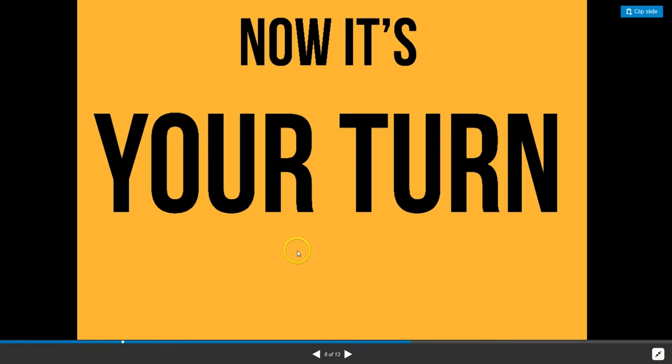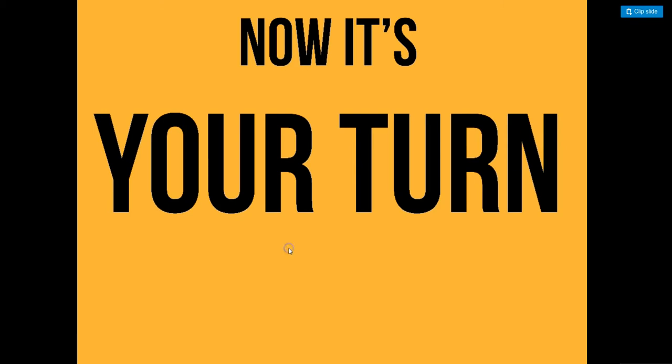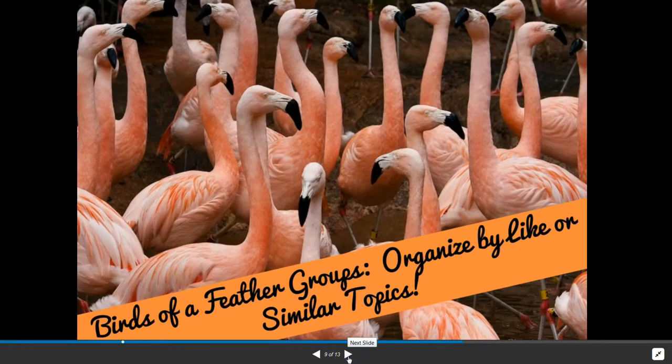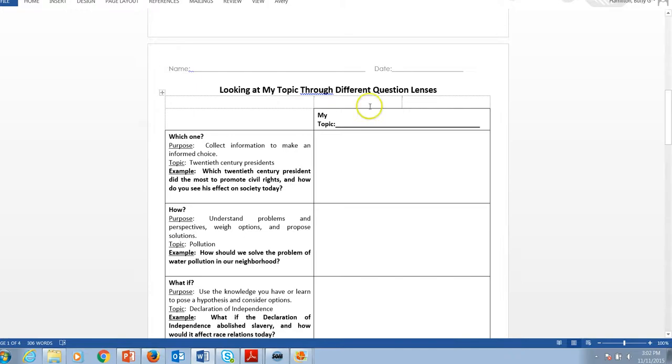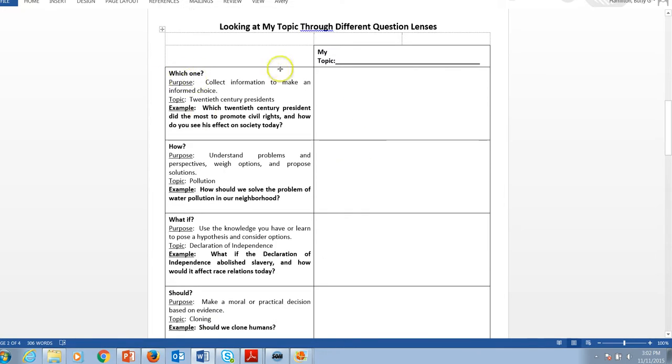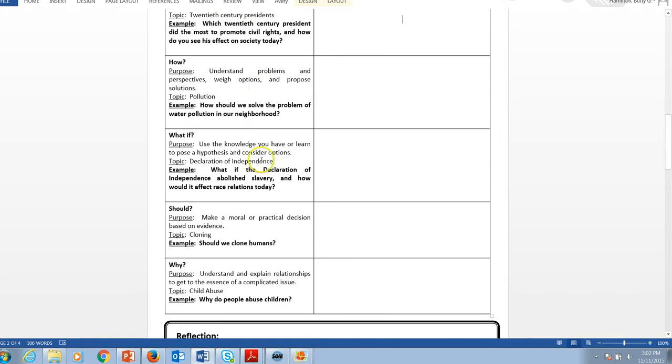So if you want to try this, we have a template where you can take your topic and write a question using each of these lenses to examine your topic. You might want to do that again with your partner, or you could do that individually. If you want to try the question lens activity, then we have these handouts, and you would put your topic in this space and see, can you write or frame your research topic using each of these question lenses?